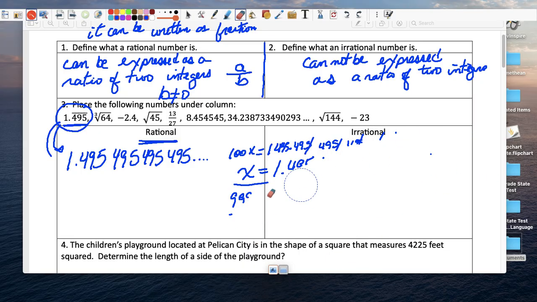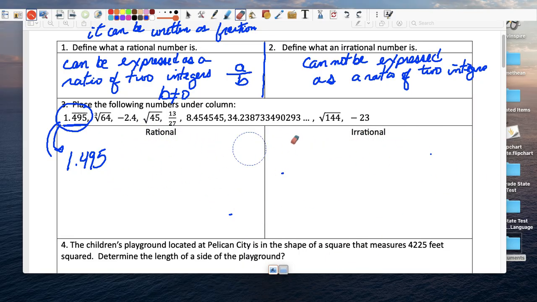Let me erase all this. Okay, so I can put 1.495 on this side. Cube root of 64. Is there a number that, multiplied by itself 3 times, gives me 64? Yes, there is. The cube root of a positive number is positive, so it's 4 times 4 times 4, which is 64.